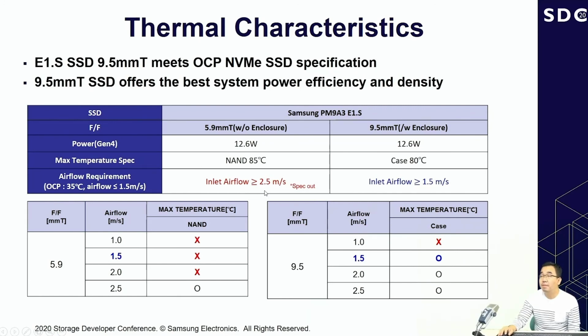If you utilize 9.5 millimeter in the system, you can increase the system efficiency because the system fan can run at less speed compared to a different form factor.